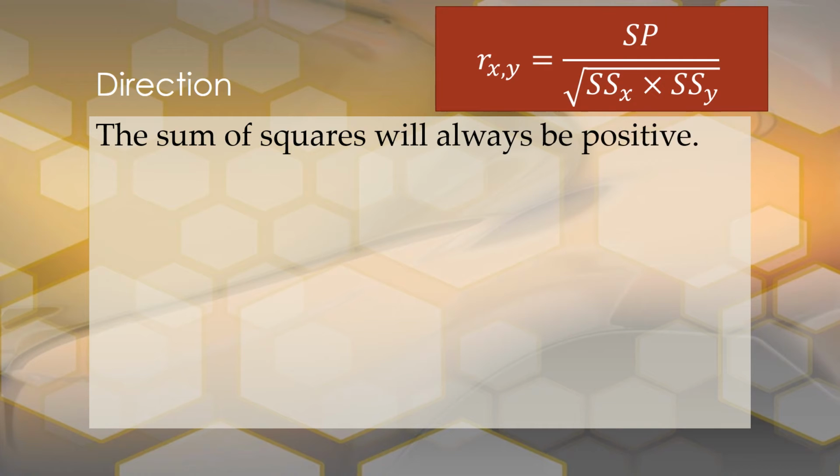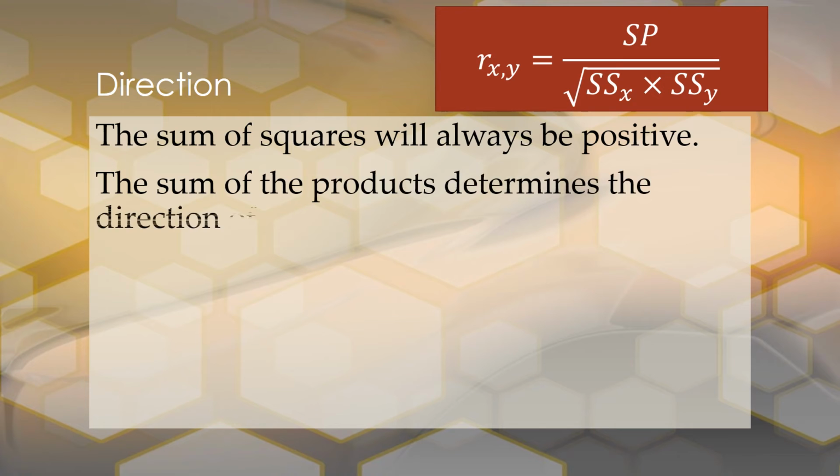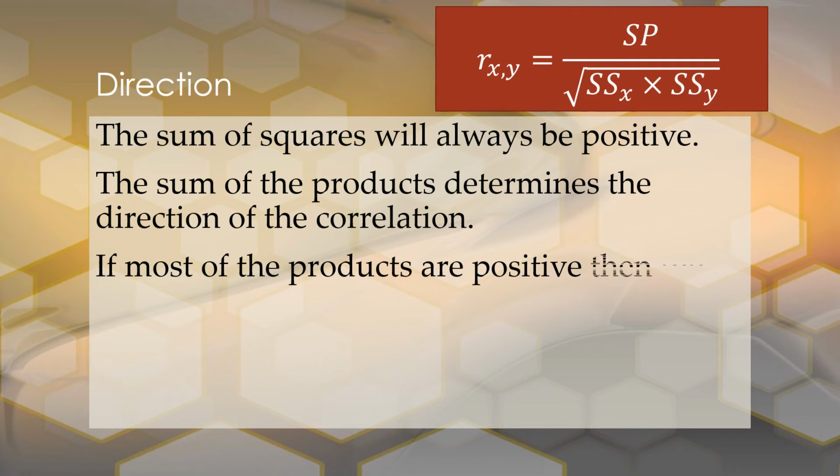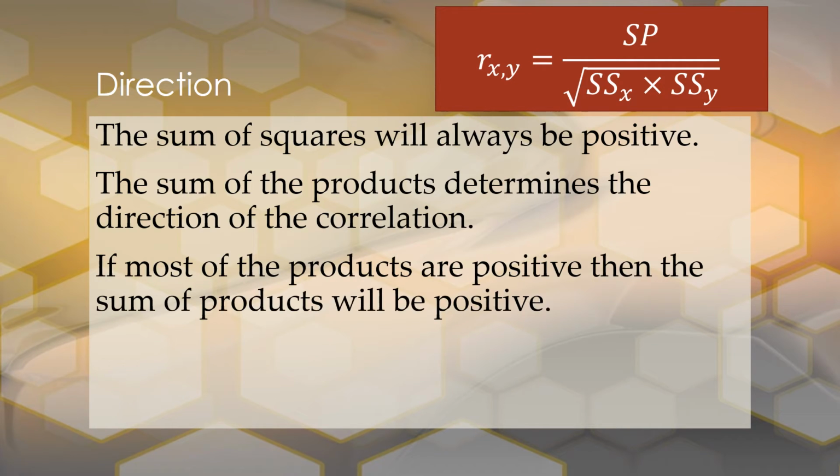So the sum of the squares will be positive, and that's all the time. So at the bottom, it will always be a positive number. And then the sum of the products determines the direction of the correlation. If most of the products are positive, then the sum of the products will be positive.